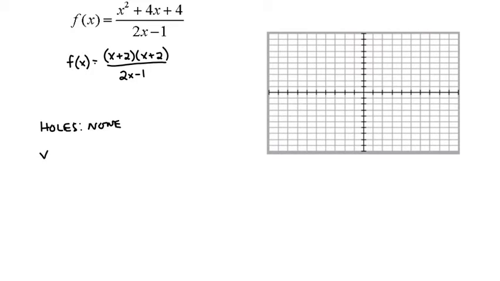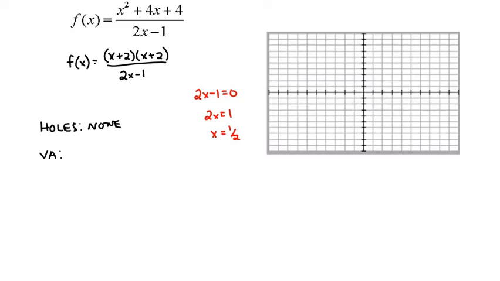When it comes to vertical asymptotes, it is whatever number makes the bottom equal 0. This one is a little more difficult, so you might want to write it down when you solve it. You have to add 1 and then divide by 2. So it's actually x equals 1/2.